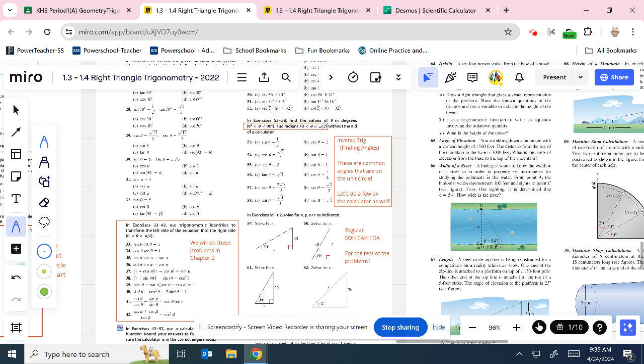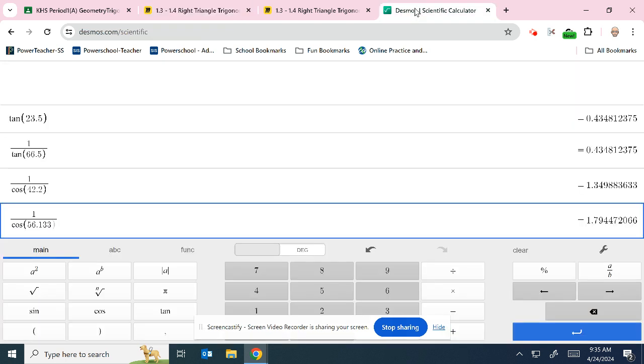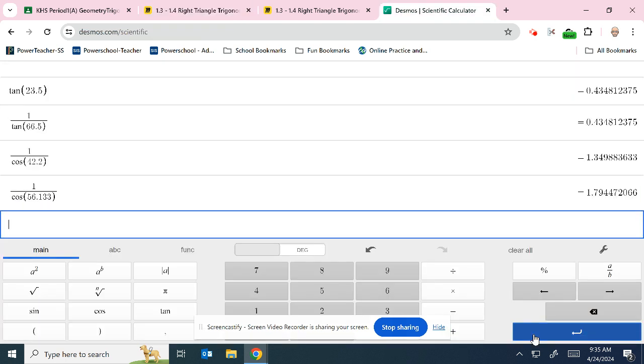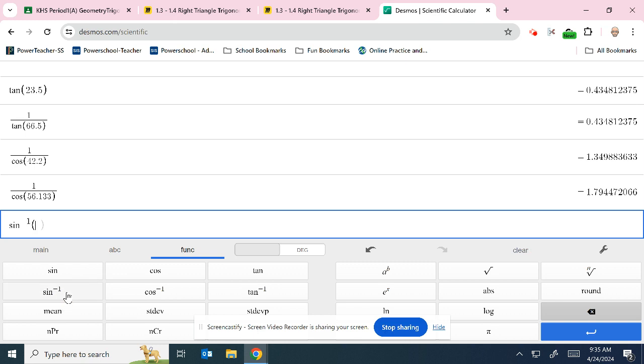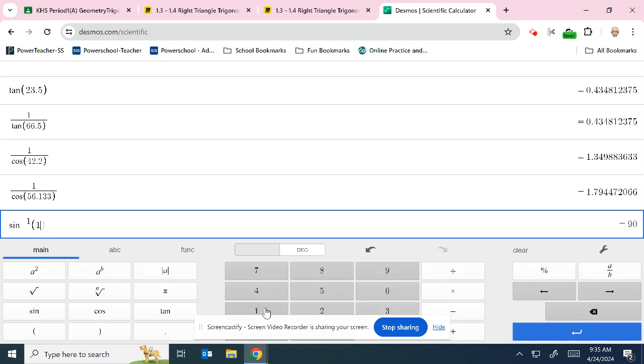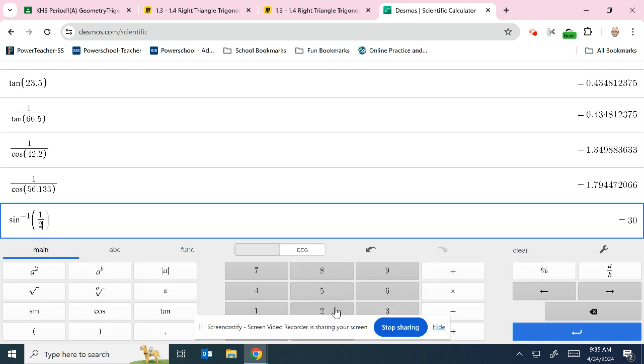If sine of theta is a half, so if I went to Desmos and put inverse sine of 1/2, you're going to see that it was a 30-degree angle. Okay, but we could actually find that on our chart, because you could look at your chart and you could look at the sine column and you could see where it's a half and it's 30 degrees. So you actually can find angles now on your chart if you know their values. So sine is a half at 30 degrees.